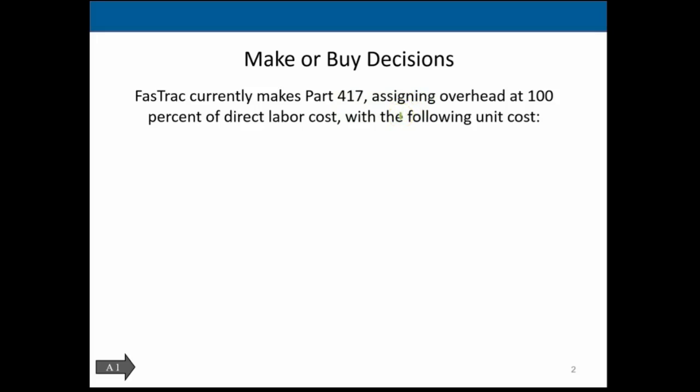What does it mean when we assign the overhead at 100% of direct labor? That has nothing to do with the actual direct labor that we are putting in there. Direct labor is going to be a separate calculation. What we are doing is using direct labor to estimate the amount of overhead. Remember, that's everything else, like depreciation on the factory, rent on the factory, all that kind of thing, that we're going to apply on a per unit overhead basis.